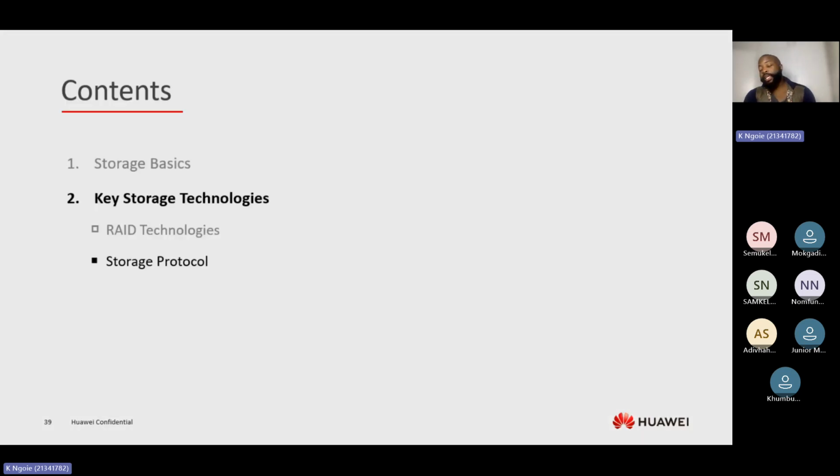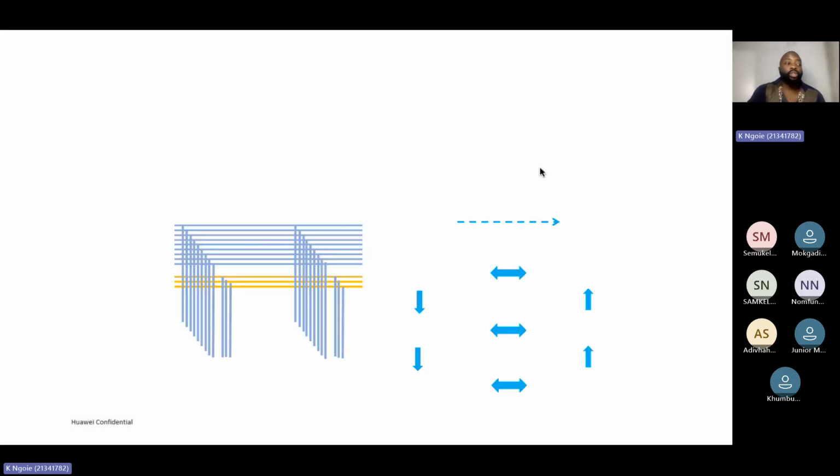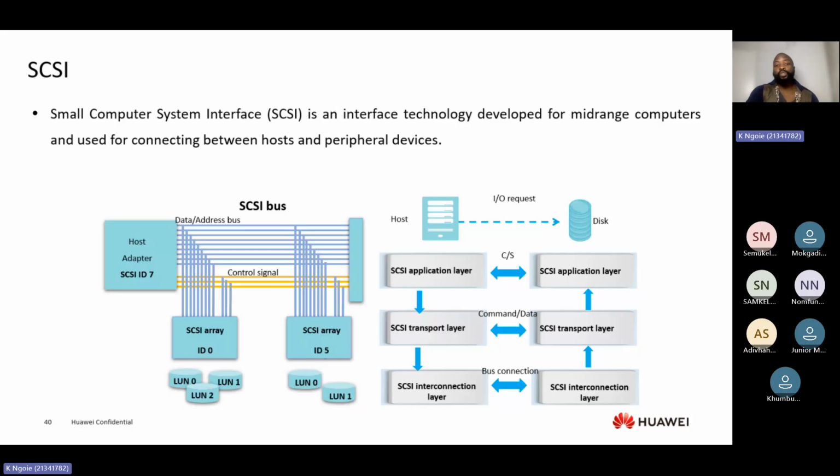So we're going to talk about the next key technology after RAID, which is the storage protocol. When we talk about storage protocol, we mean how data are transmitted between servers and storage devices. The server can be the host, a server somewhere online that you're trying to connect to, and your storage devices can be your disk or any storage system that you have.